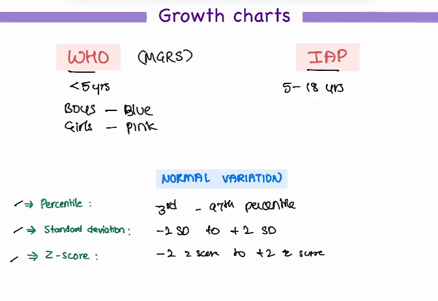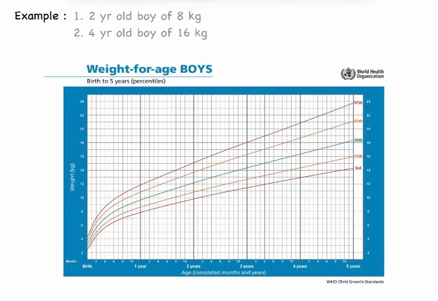Let us see an example. So here we are taking weight for age WHO chart for boys. In first scenario, 2-year-old boy of 8 kgs. So how to plot? So here we have to see 2 years in this way. Then weight is 8 kgs.